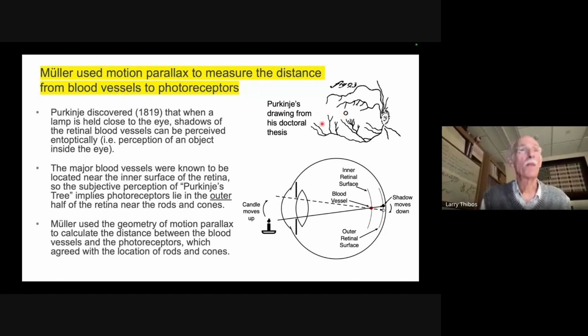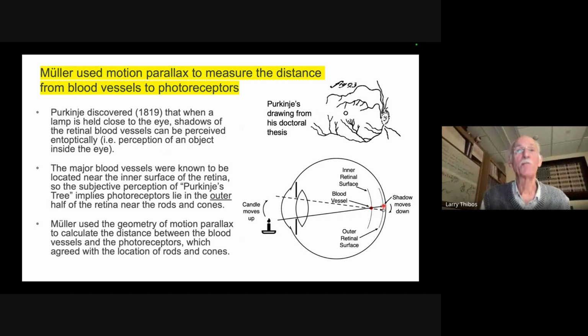Well, that's the drawing, and Müller says, I'm going to do the same experiment, set up the optical system such that I can have a little candle down here and let the light from the candle go into the eye, and it's going to hit a blood vessel, and it's going to create a shadow. If my hypothesis is correct, the shadow will be visible because it's being formed on the opposite side of the light, and that's where the light must be sensed.